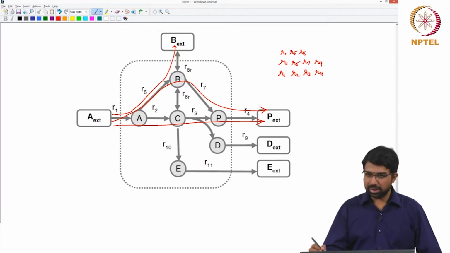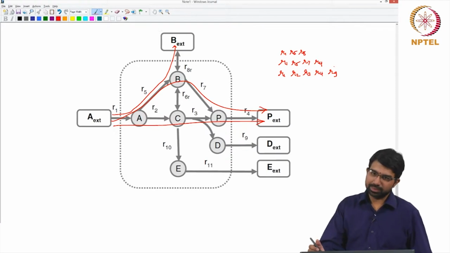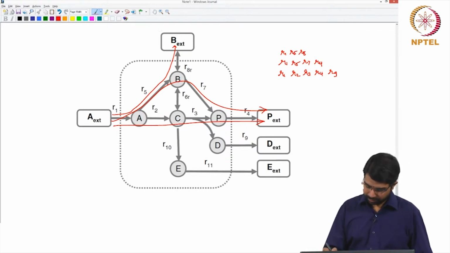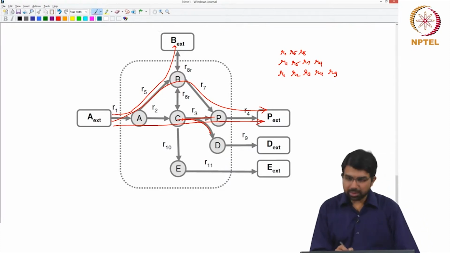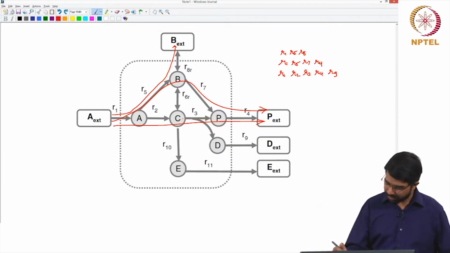Is that going to operate at steady state? D will accumulate. Needs to have R9 as well. Then there is a possibility for E also getting accumulated. No, this is a single reaction, no? C giving P plus D. But it's like that, okay. So, that is the catch.